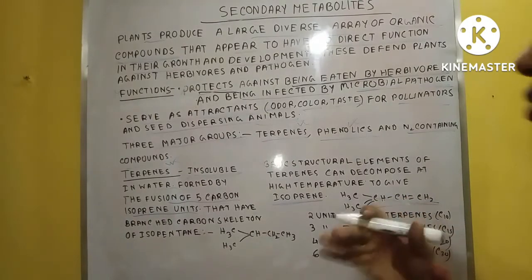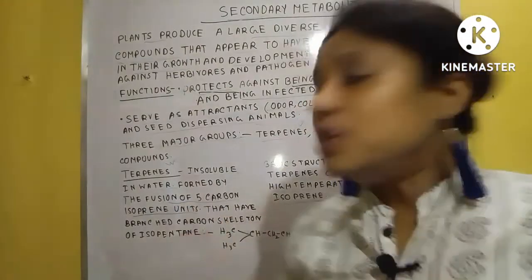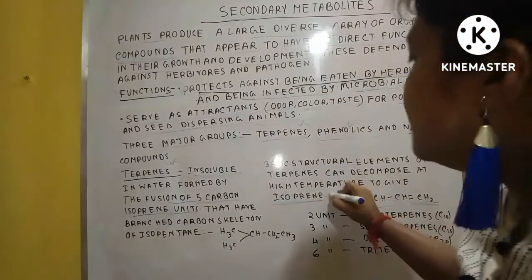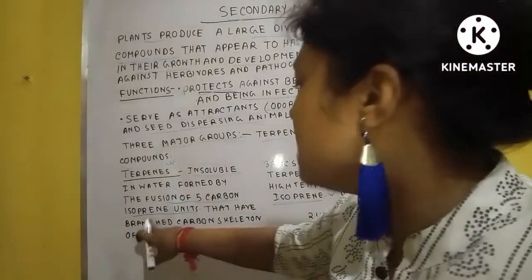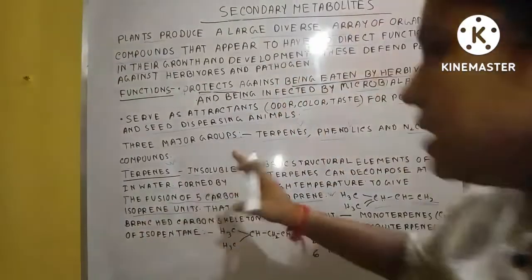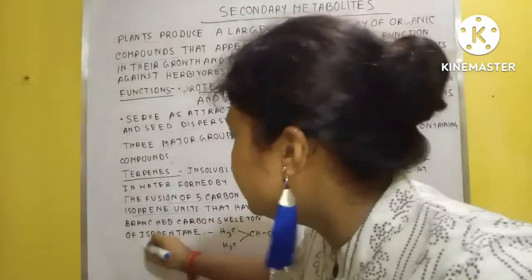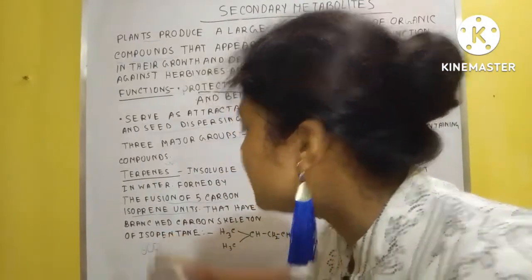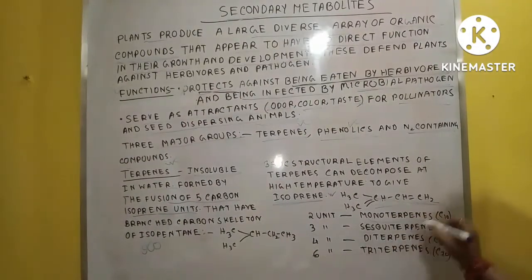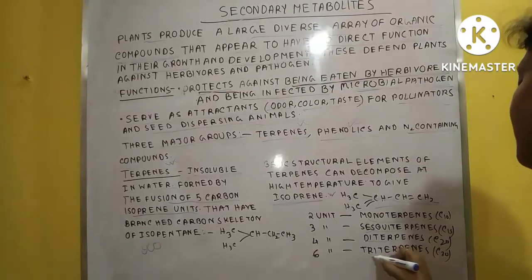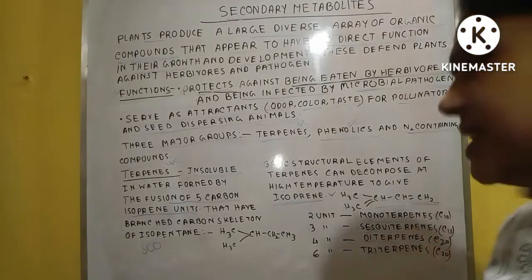So the basic or structural unit of the terpene is the isoprene. These isoprene units attach with each other to form monoterpenes, sesquiterpenes, diterpenes, and triterpenes. These are the examples.